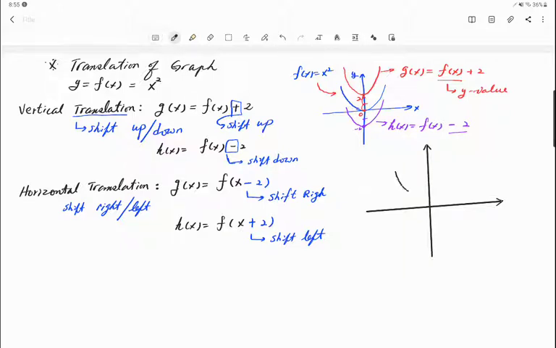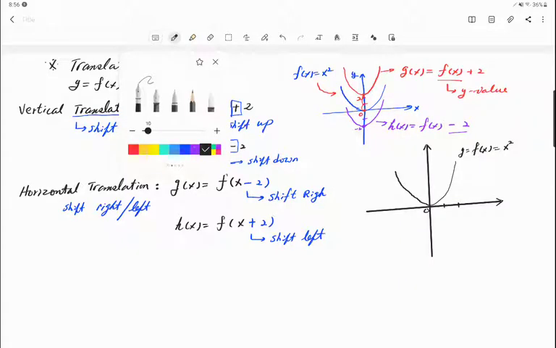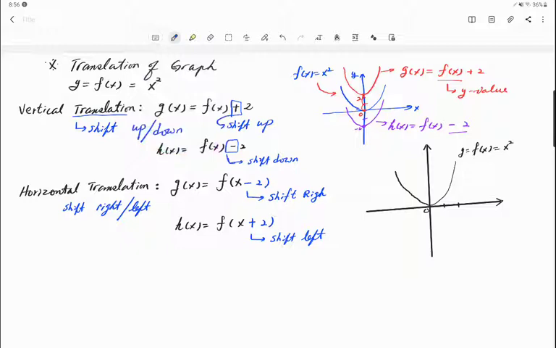This is y equals x squared. I want to shift this one 2 units to the right. So this 0 is moved 2 units to the right, and it's going to look something like this.